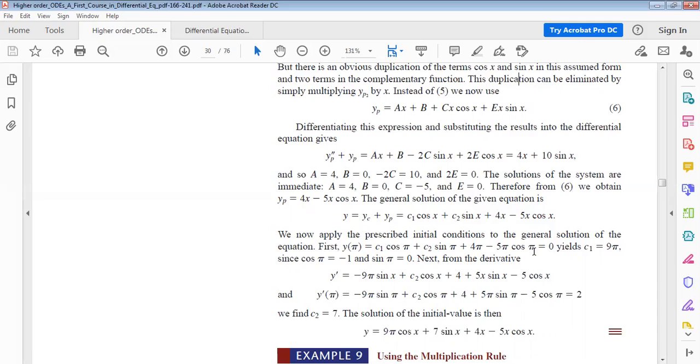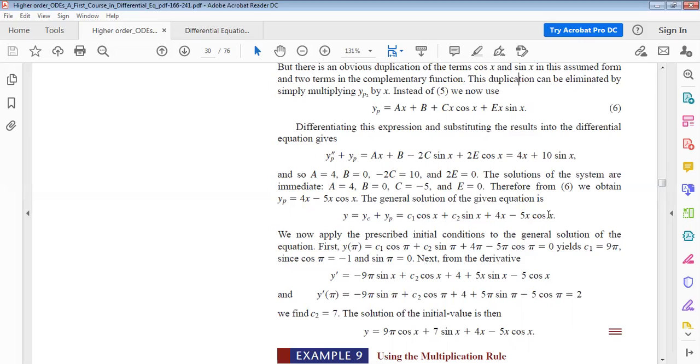Remember sin pi must be 0 and cos pi equals minus 1. So we get c1 equals 9 pi here, c1 equals 9 pi, since cos pi equals minus 1 and sin pi equals 0.